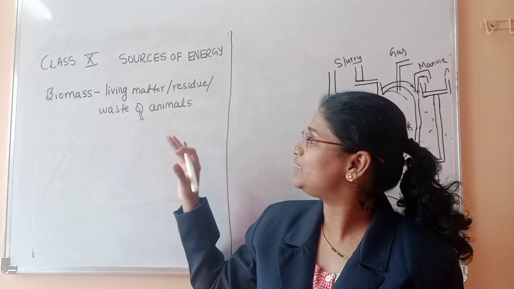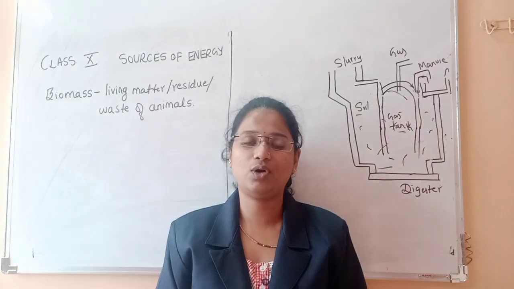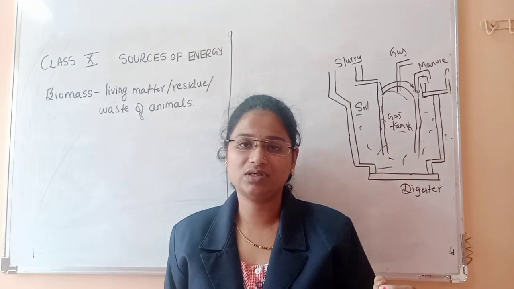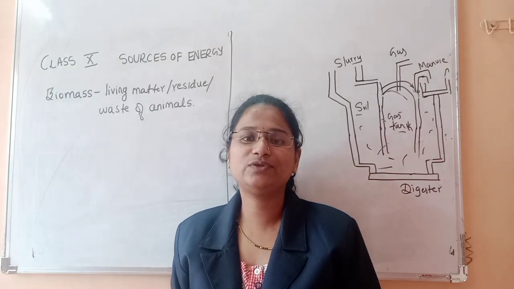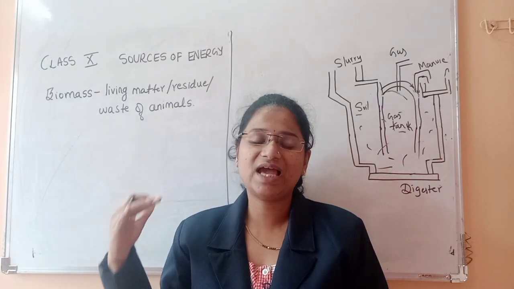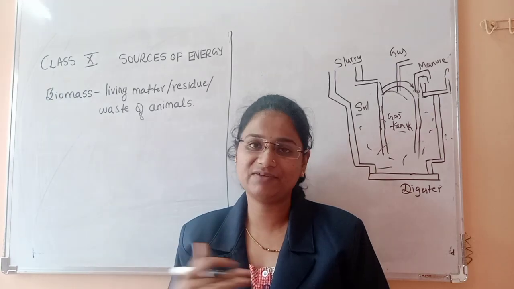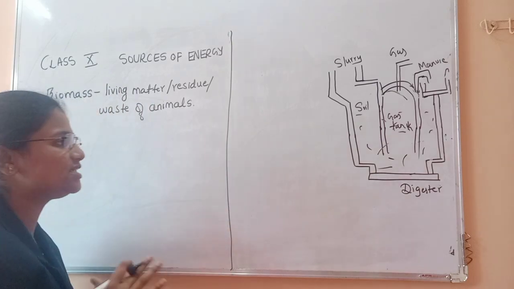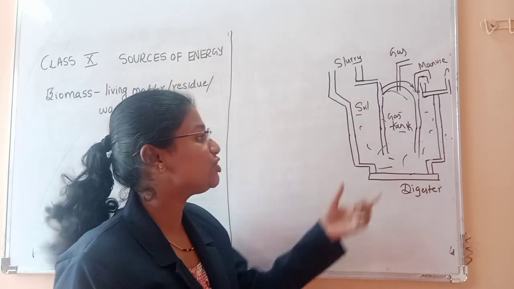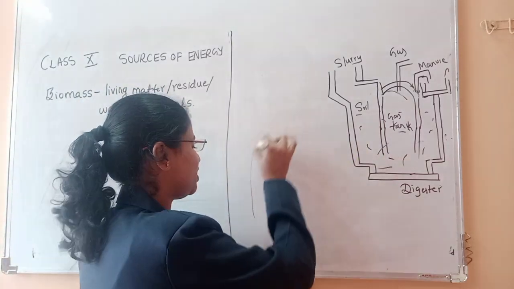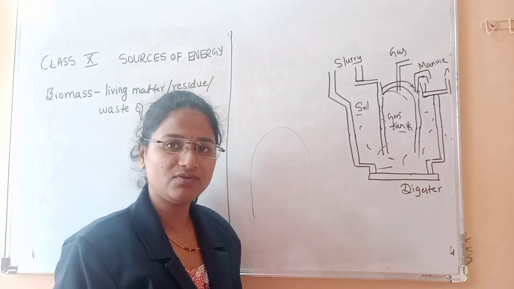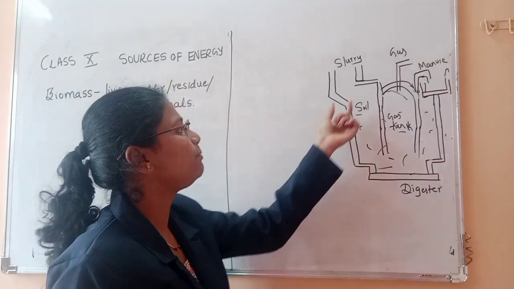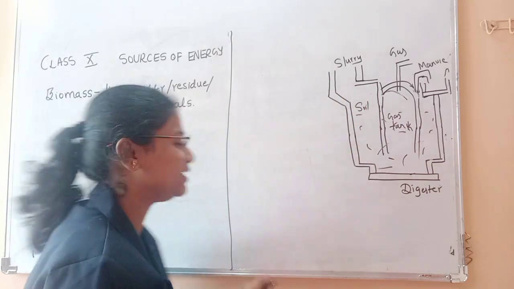This biomass, like cow dung, will provide less heat but more smoke. To alter that, we have to follow a different method. For this, we design a dome shaped tank. In the dome shaped tank, we put slurry. What is slurry?